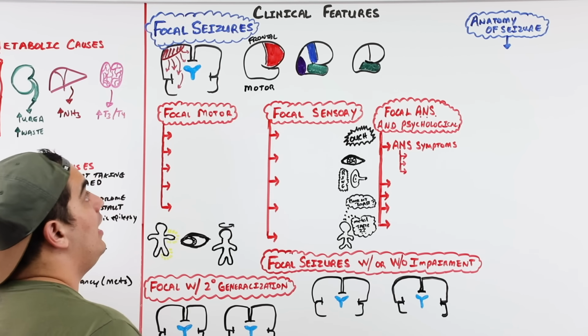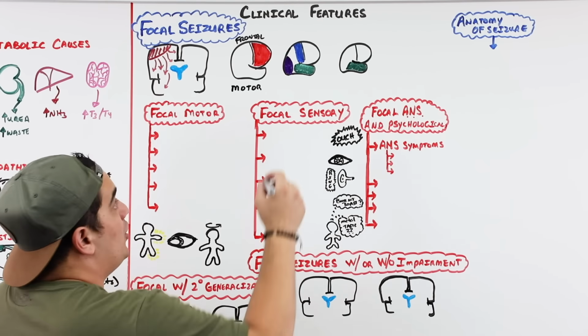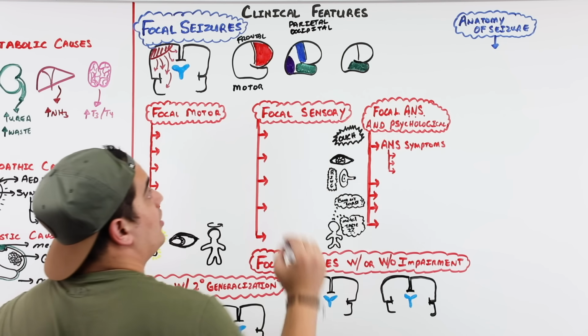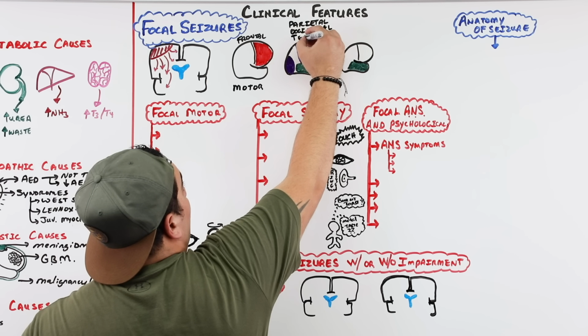The other thing is to think about sensory symptoms, so think about the other lobes. Think about this blue one here, right behind the central sulcus. That's the parietal lobe, where a lot of your somatic sensations occur. In purple, think about the occipital lobe, where a lot of the visual sensations occur. And in green, think temporal, and you can even include the insula a little bit.